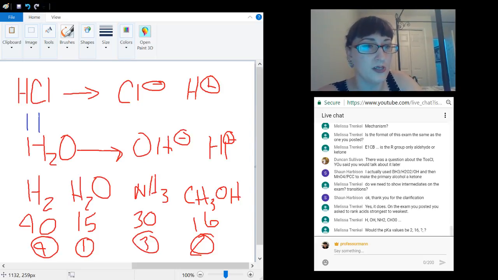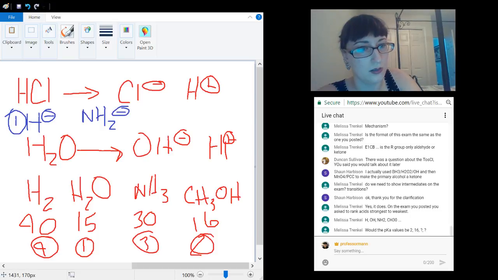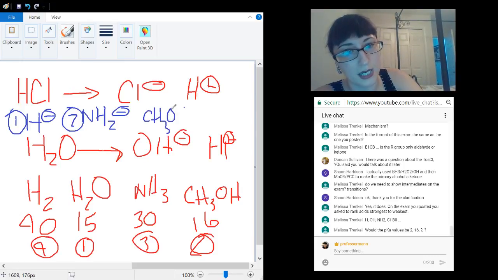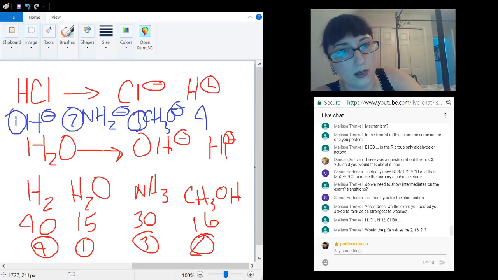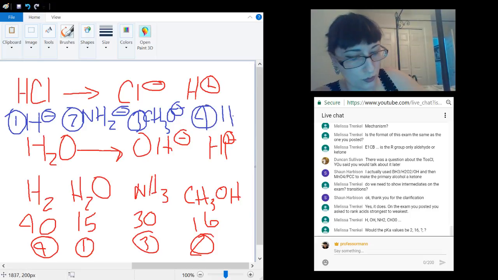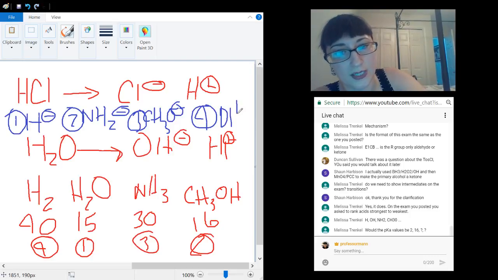The conjugate base of that, hydride, would be the strongest, followed by NH2 minus, followed by methanol, technically methoxide, followed by, oh shoot, started going in the wrong order, I'm sorry, hydroxide.